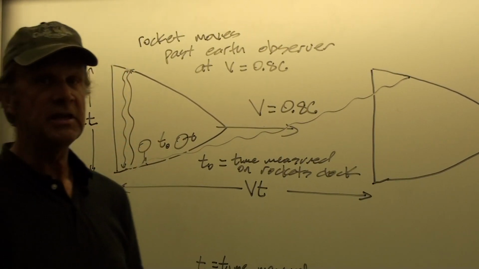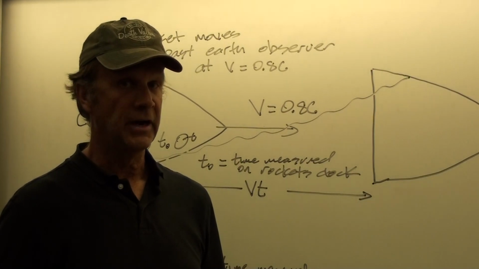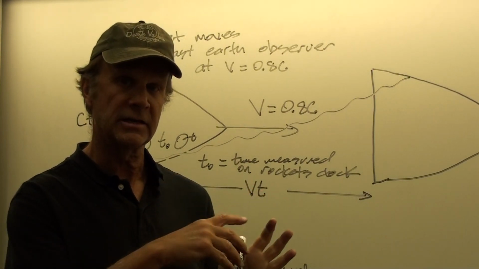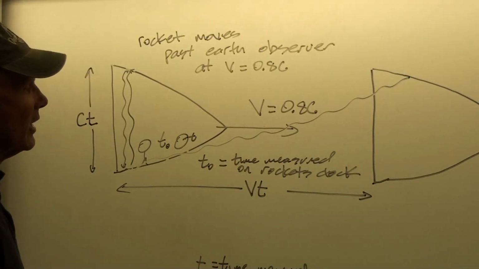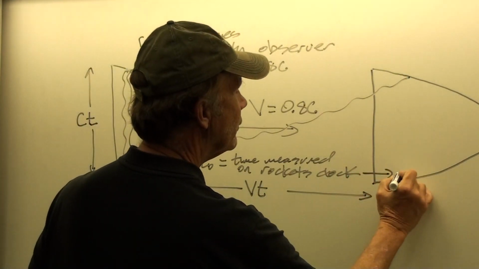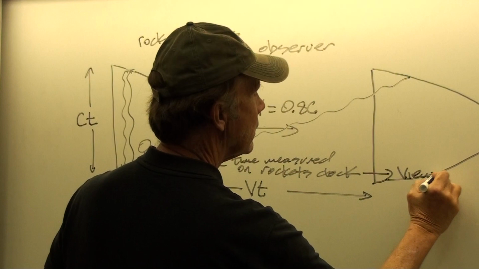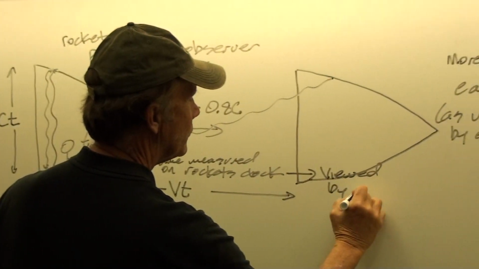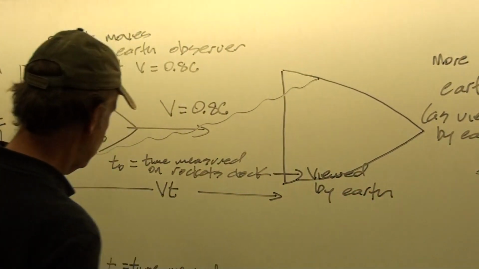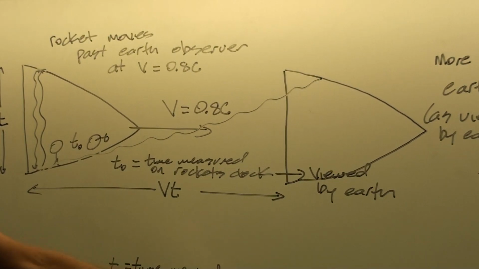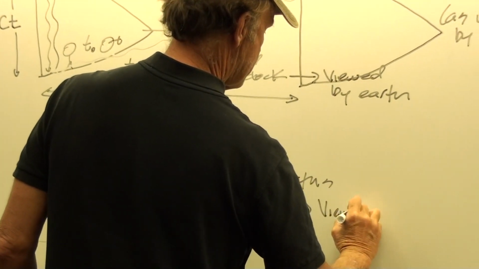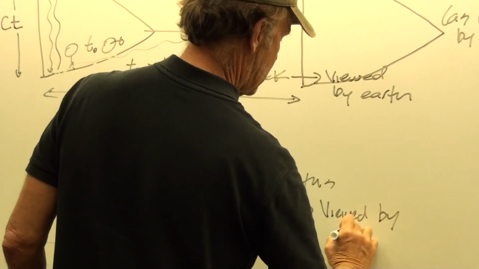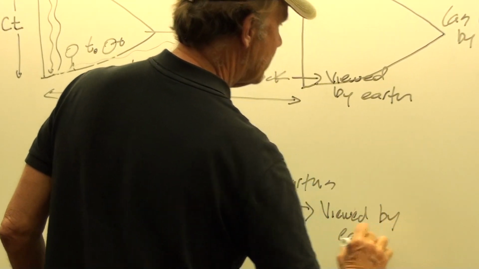then you can see on your closed circuit TV monitoring camera a clock ticking off. So T naught is the time elapsed on the rocket's clock viewed from the Earth. And similarly, this time that elapses on the Earth's clock is also viewed by the Earth. So the Earth then is making a comparison.